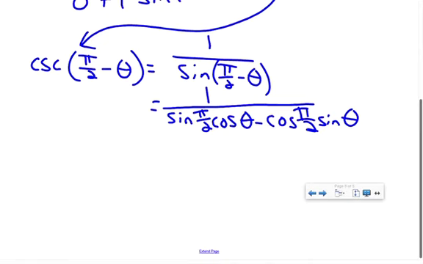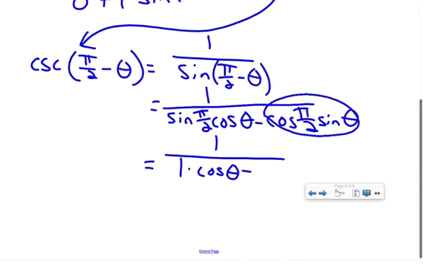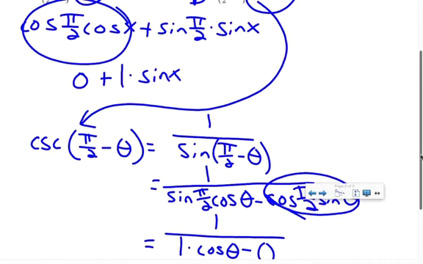So sine of pi over 2 is 1. So I have 1 over 1 times the cosine of theta minus, we already talked about how the cosine of pi over 2 is 0, so all of this is 0. So I have 1 over the cosine of theta. And what's that 1 over cosine theta again? Oh, look, it's the secant of theta, which is exactly what I was aiming for.